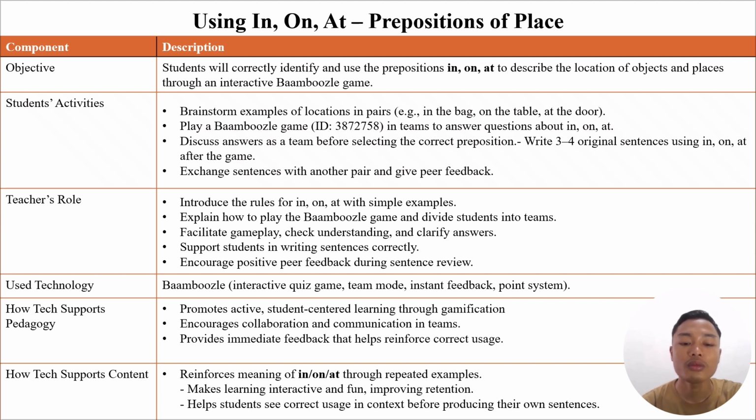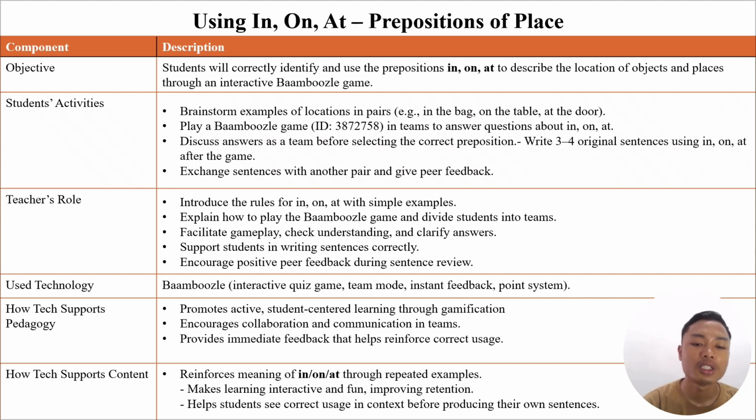Okay, point five is encouraging positive feedback. The teacher reminds students to give supportive and constructive feedback when reviewing each other's sentences, helping build a positive classroom atmosphere.